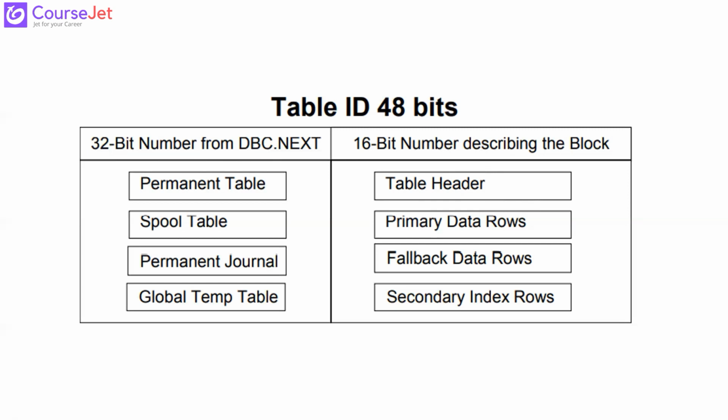Table ID has a bifurcation of 32-bit and 16-bit. The first 32-bit will say what kind of table it is. The next 16-bit will say the table header and the blocks linking with that one. Okay, yes, I got it.